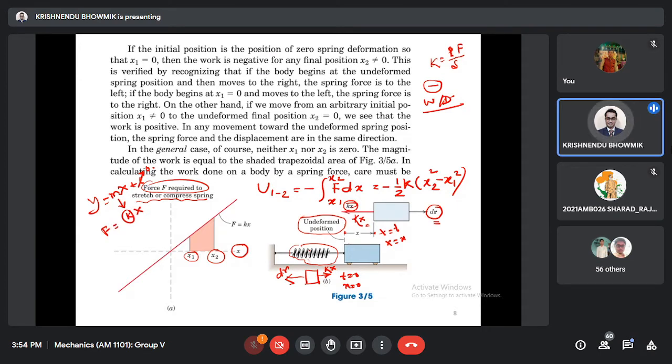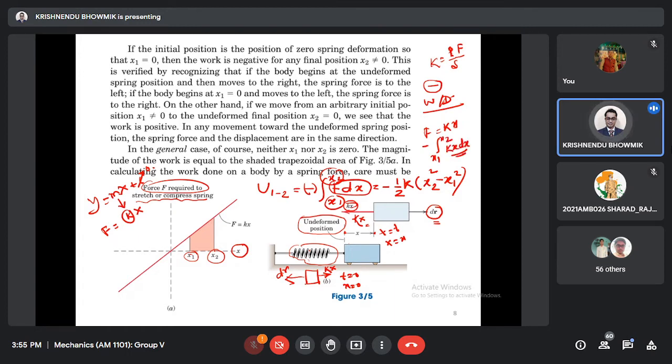Now if somebody wants to move from this place to this place, work done will be, as I told, minus integral x1 to x2 of f dx. If somebody writes f equal to kx, it is minus integral x1 to x2 of kx dx.